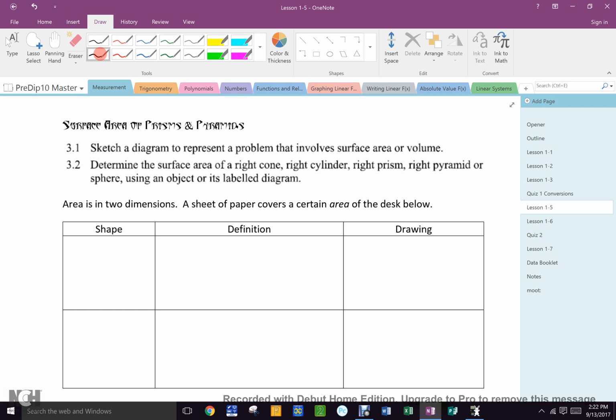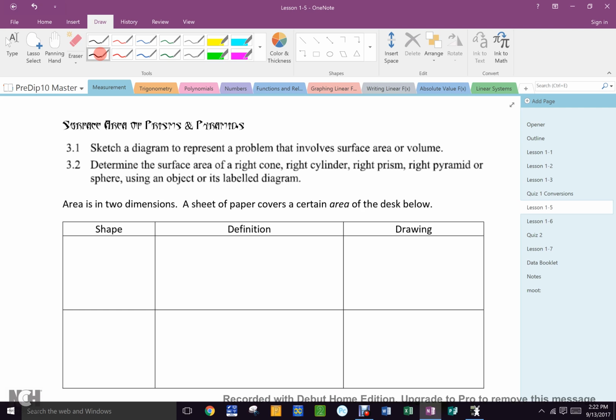How many dimensions do we deal with in math class? 3. What do we call them, Lauren? What are the names that we have given the 3 dimensions with which we will work? We've already said 2 of them. Length. Width.